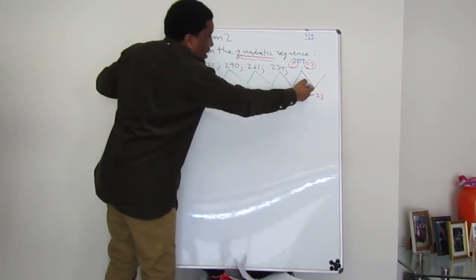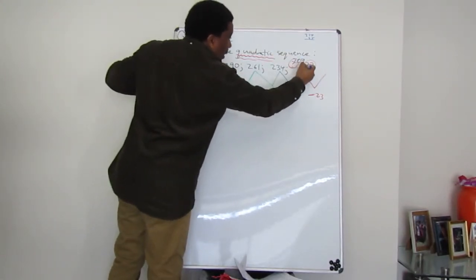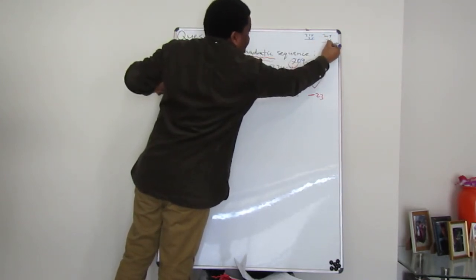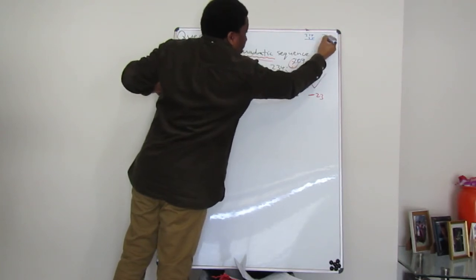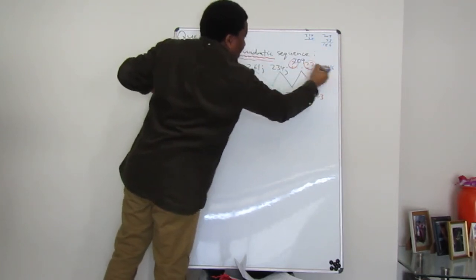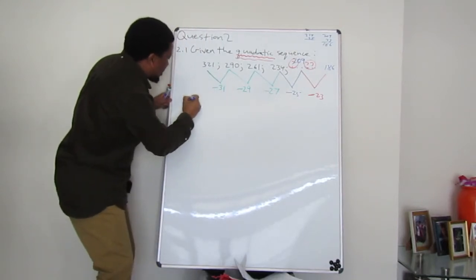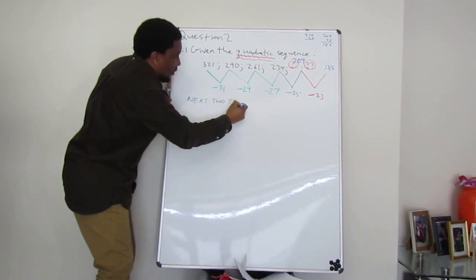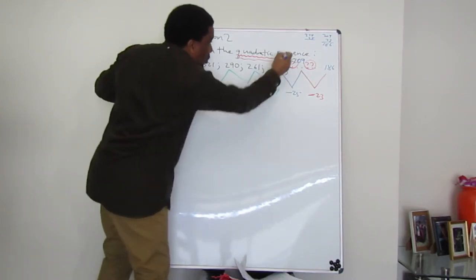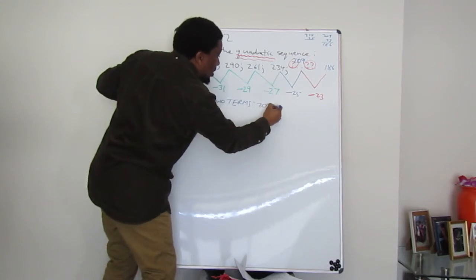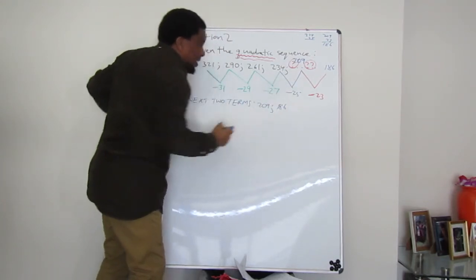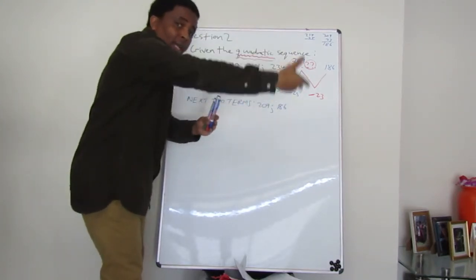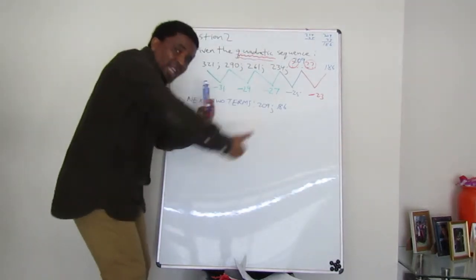Then negative 23 in that case: 209 minus 23 is 186. So the next two terms of the series will therefore be 209 followed by 186. That's how I will determine the next numbers of the series.